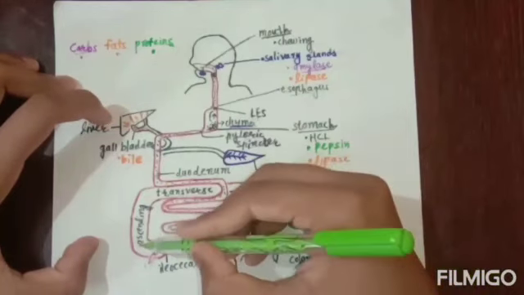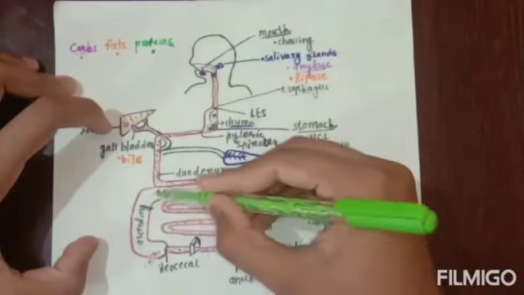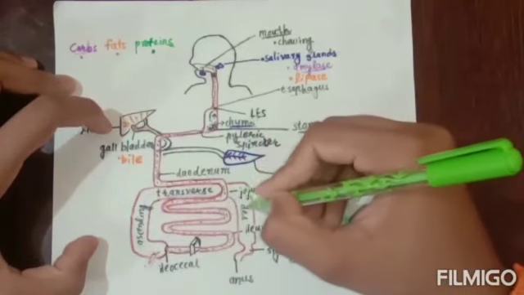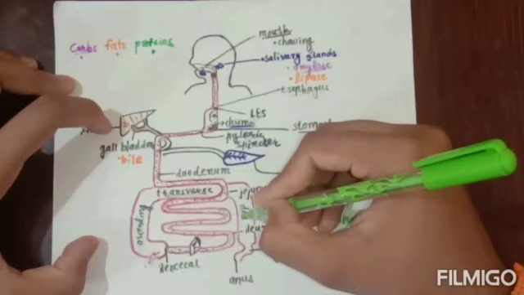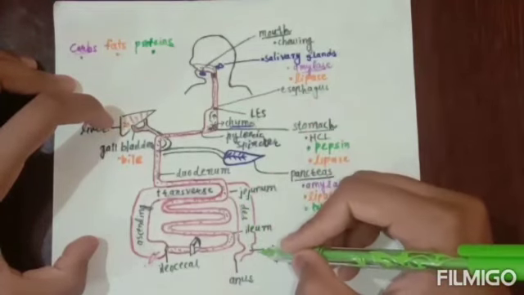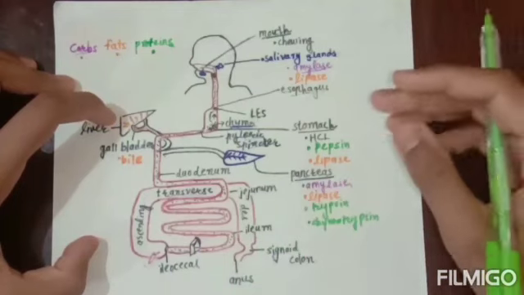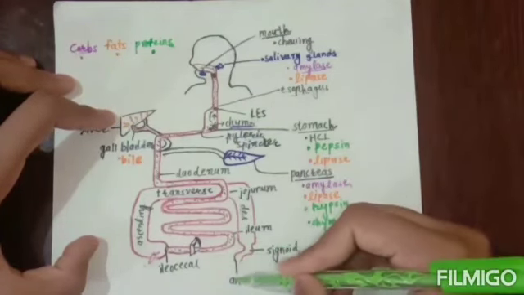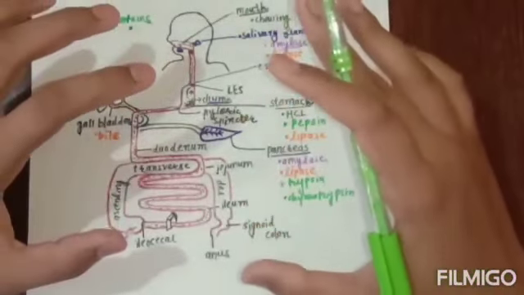The fecal matter then passes through the ascending colon, then the transverse colon, and then the descending colon. Once it reaches the sigmoid colon, the bowel movement is triggered and the feces are egested through the anus. And this is how the whole digestive system works.